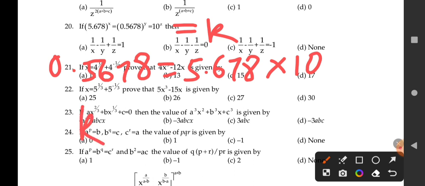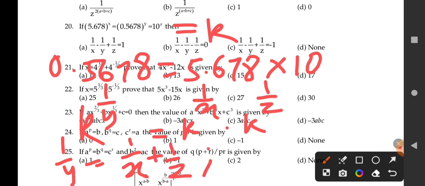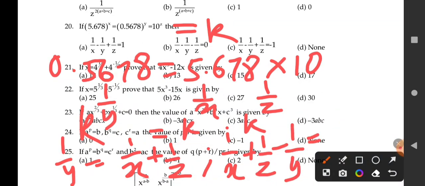We have k power 1 by y equals k power 1 by x into k power 1 by z. So we have 1 by y equals 1 by x plus 1 by z. So we have 1 divided by x plus 1 divided by z minus 1 divided by y equals 0.